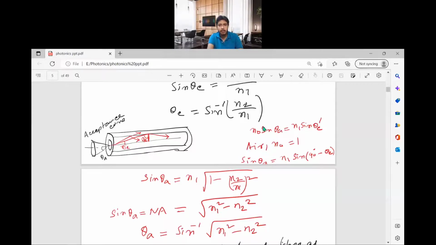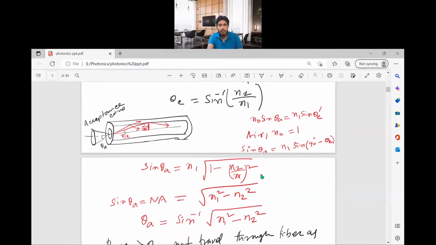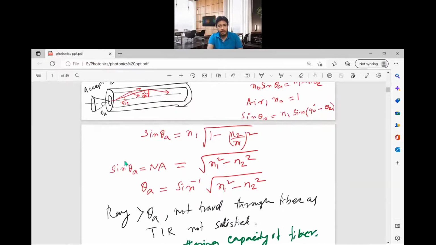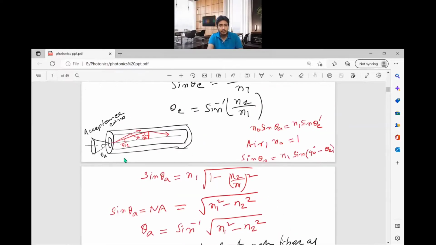Again, you can apply Snell's law. You get sin theta A equals n1 sin of (90 degrees minus theta c). From that, you get sin theta A equal to the square root of n1 squared minus n2 squared. This sin theta A is known as the numerical aperture of the optical fiber. The angle theta A will be sine inverse of the square root of n1 squared minus n2 squared. This is known as the acceptance angle, or acceptance cone.